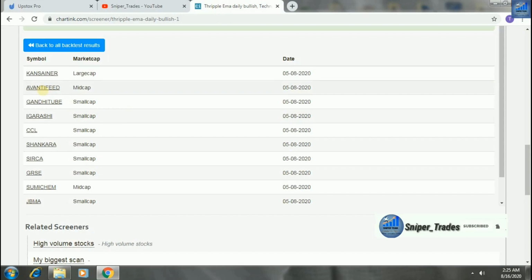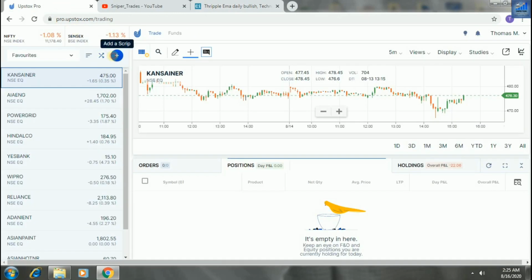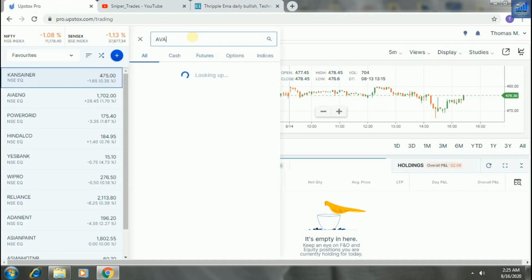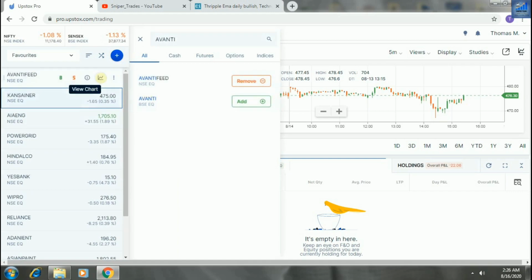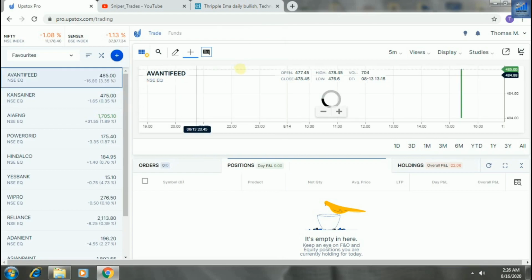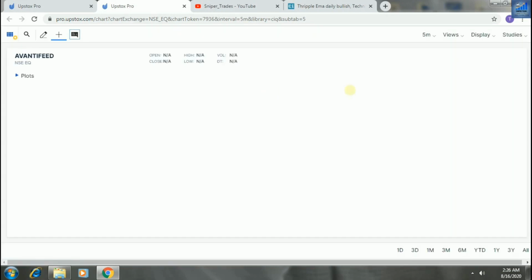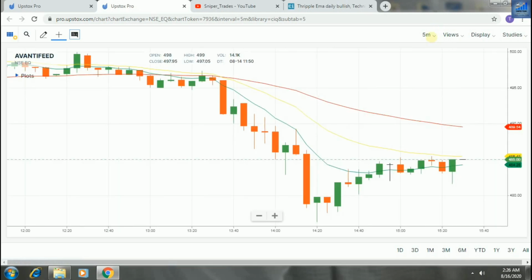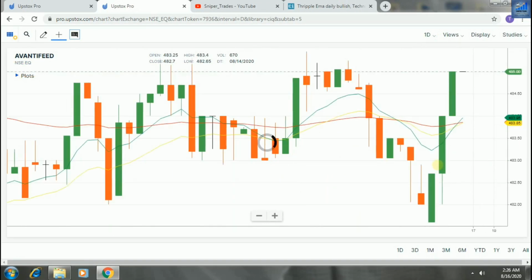Next is Avanti Feed. Let's check it also. Always remember the time frame in which we created the scan. It is daily time frame, so go to daily time frame in the chart also.